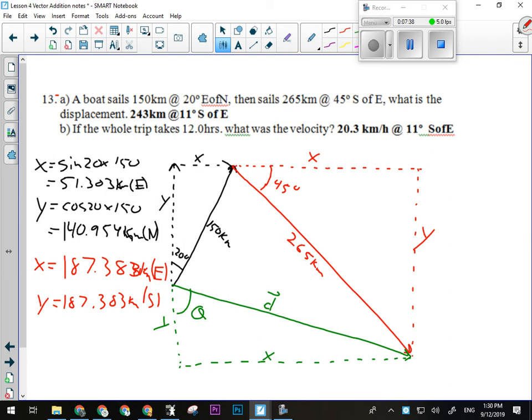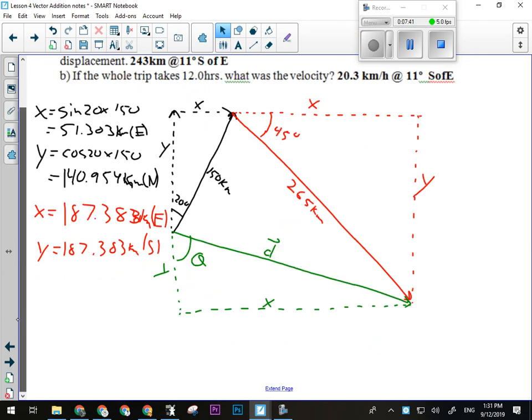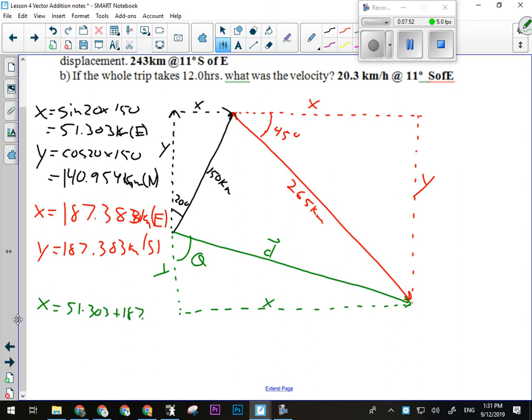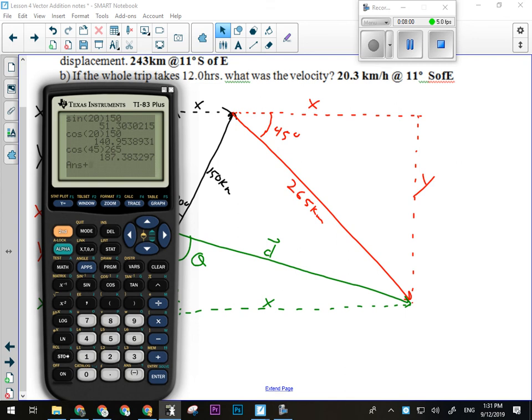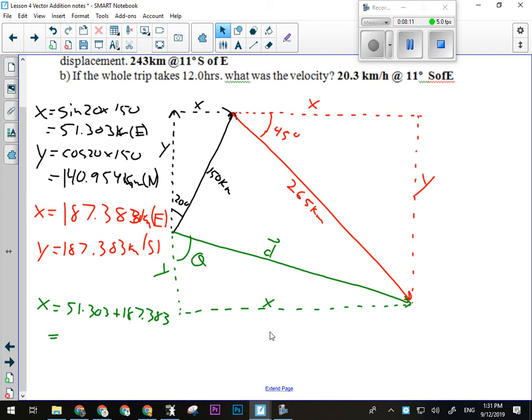Okay, so now that I have all of that information, now I can calculate x and y for the green triangle. All right, so green x is going to be 51.303 plus 187.383, which is 238.686 kilometers east, okay?